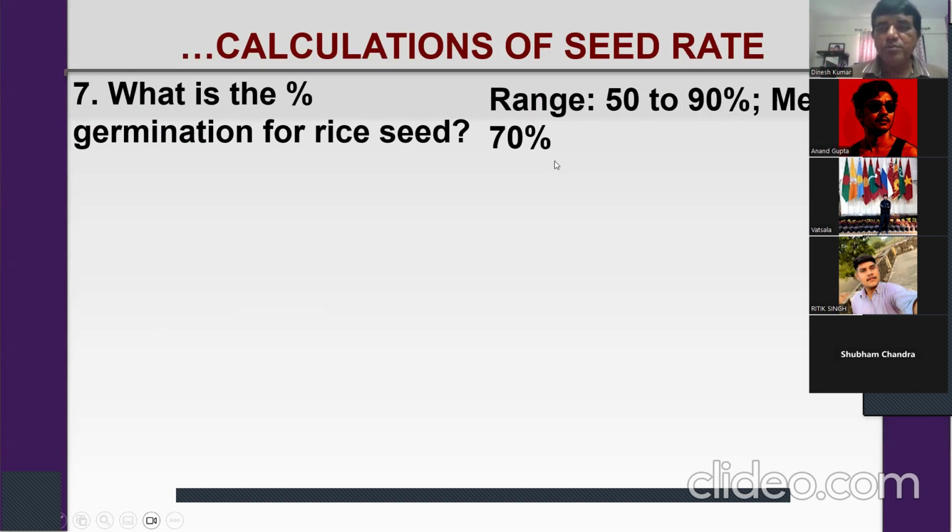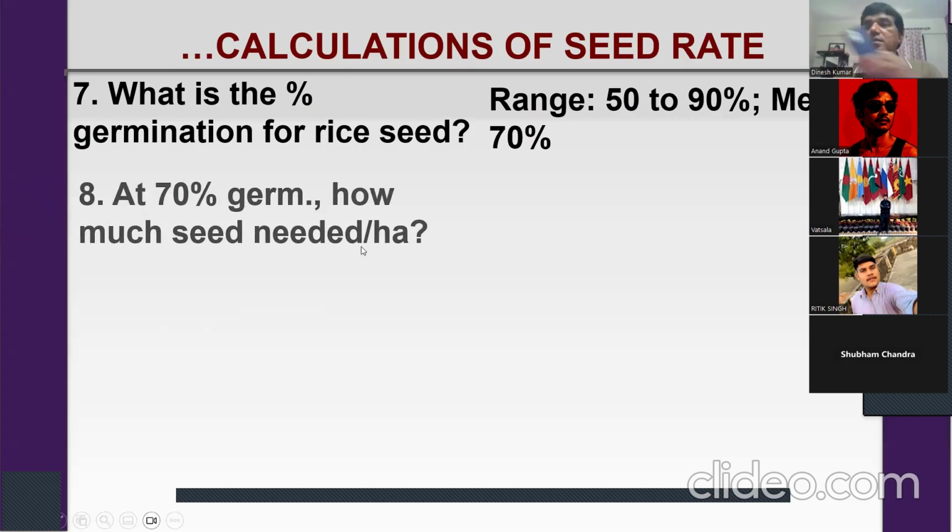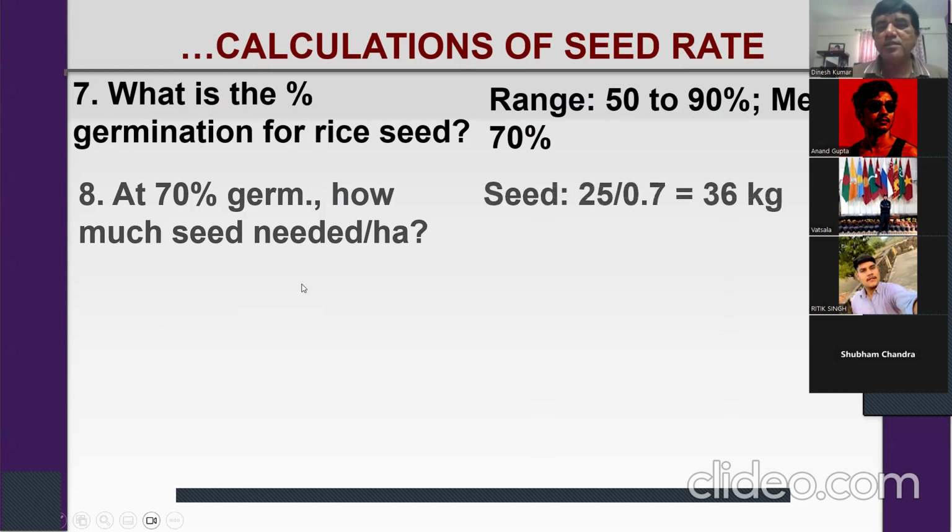Everybody knows what is meant by germination. Germination is just the breaking of dormancy, and the young baby which is sitting inside the seed gets awakened, gets activated, and starts growing. That is your seed germination. So now at 70% germination, how much seed is needed per hectare? We need to adjust this.